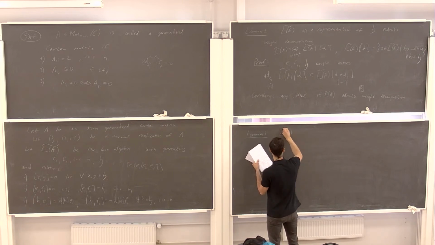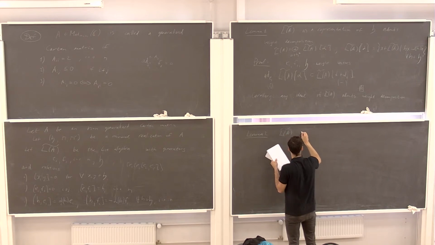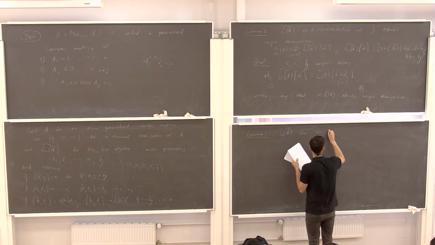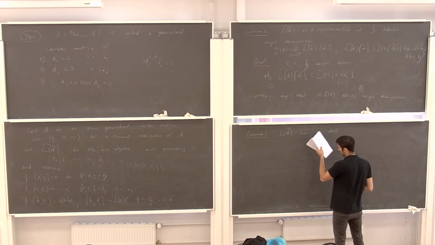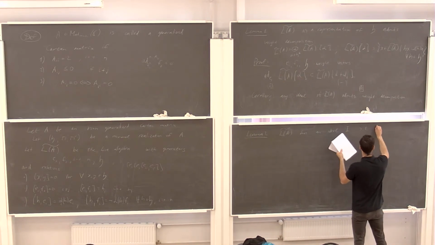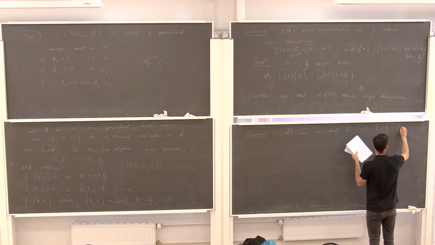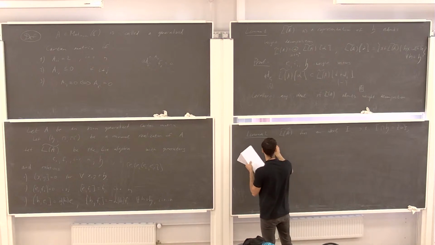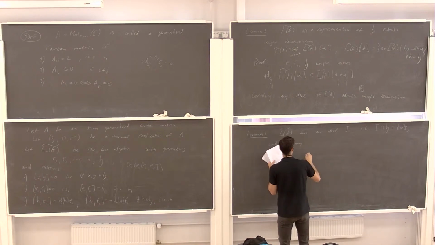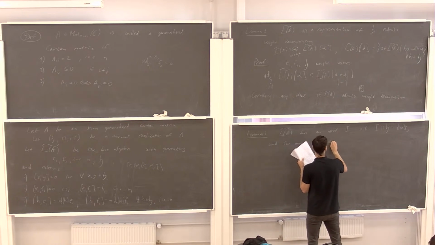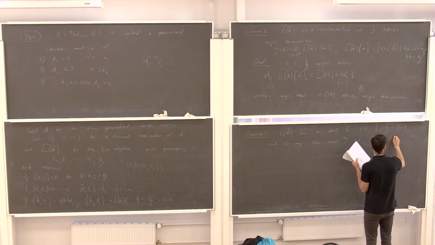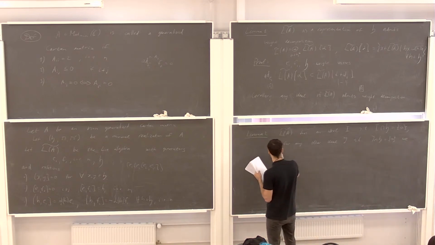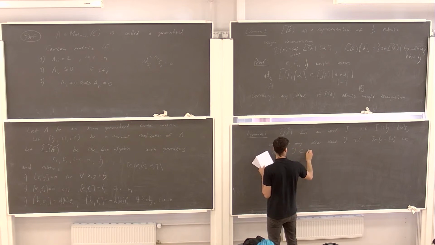L of A tilde has a unique maximal ideal that intersects trivially with H. Has an ideal I such that I intersect H is 0, and for any other ideal J such that J intersect H is 0, we have J is inside I.